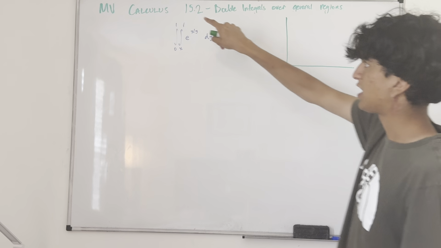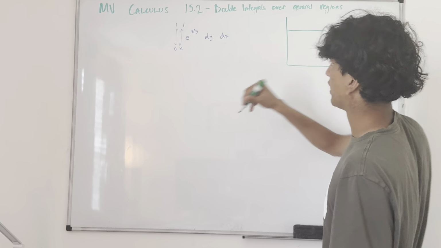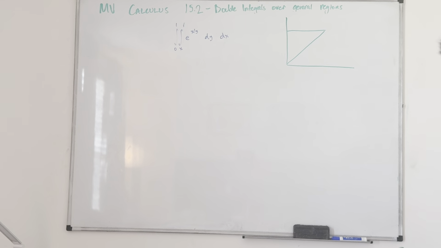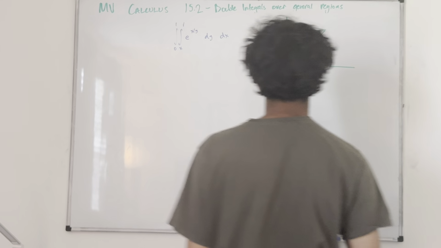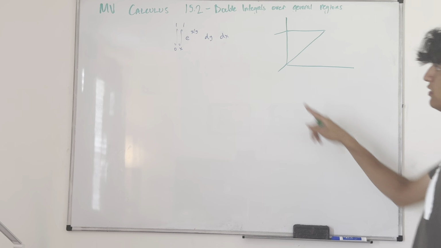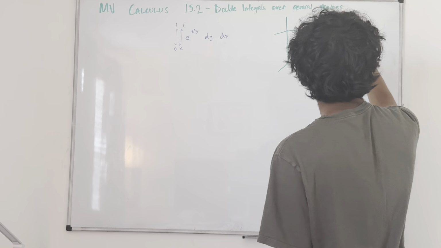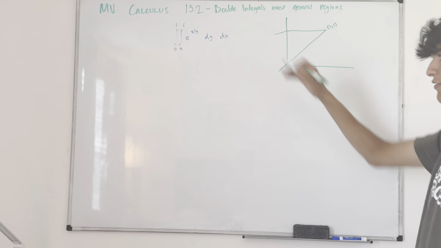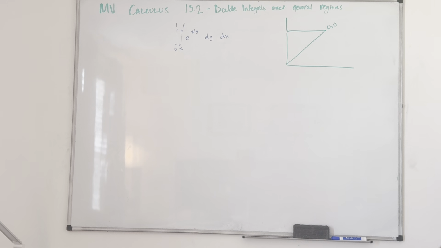This will be my top bound, y equals 1, and this will be my bottom bound, y equals x. dx is the outer integral, so I know my right bound is 1 and my left bound is 0. So I am integrating to the y-axis.